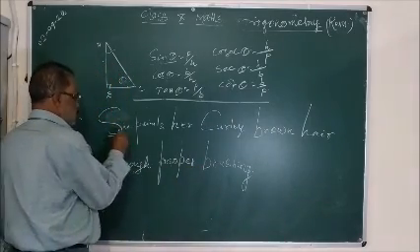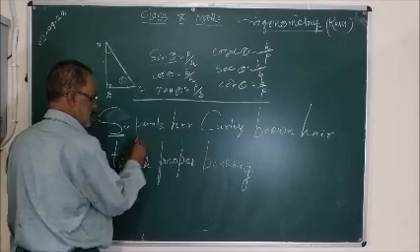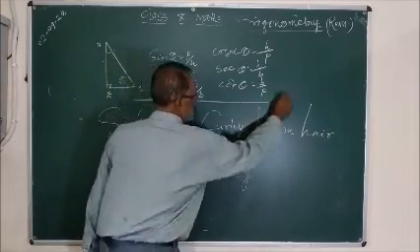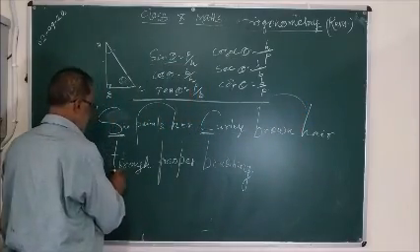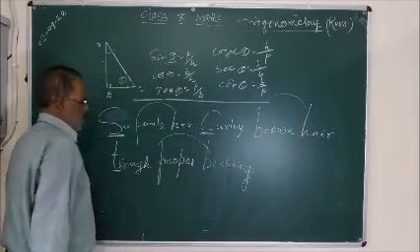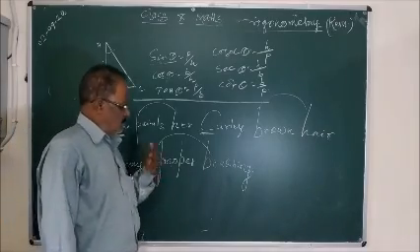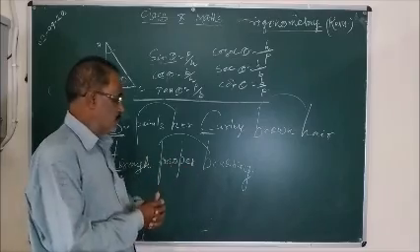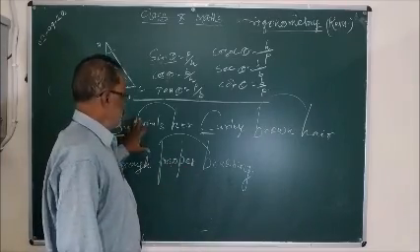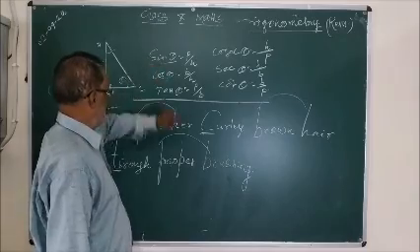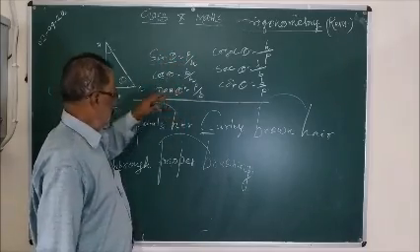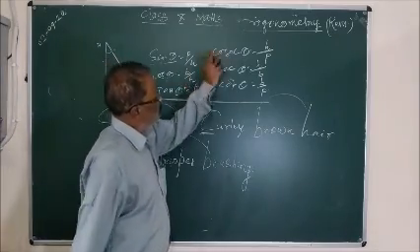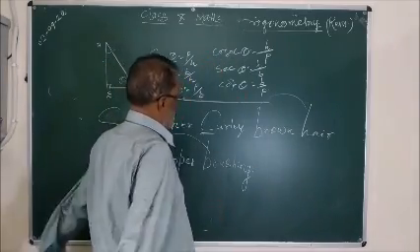C, S for sine, P by H. Look at this technique: cos is B by H and tan is P by B. So you can learn more and more as you go in higher and higher class. So this is the technique to learn this formula, sine is P by H. And the remaining three are just opposite, as I told you, so that will be easily done.